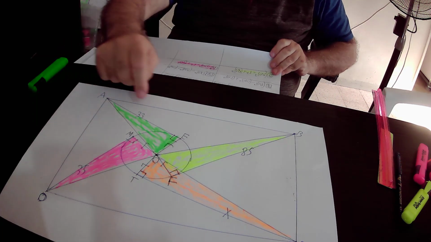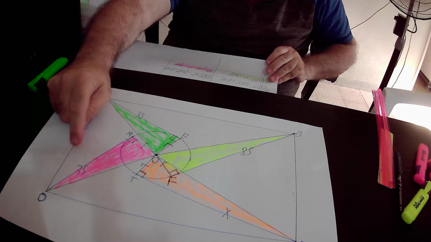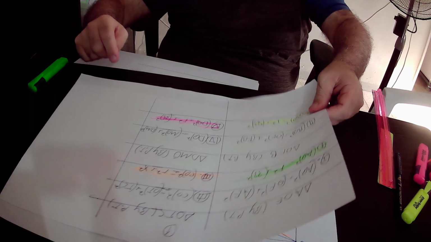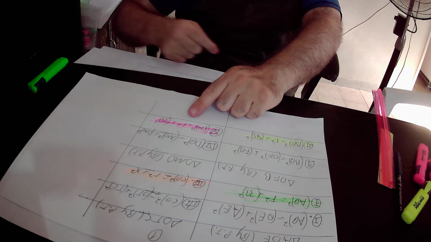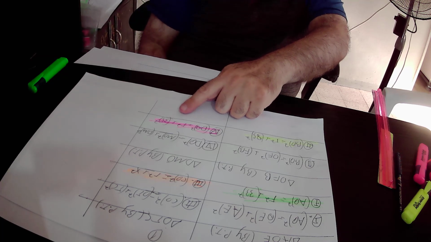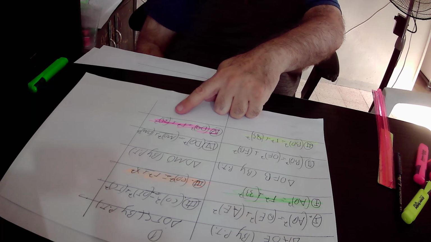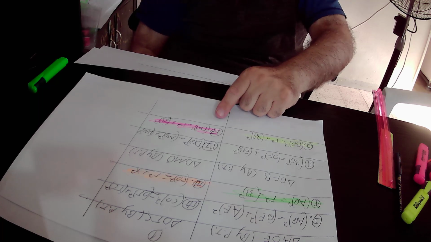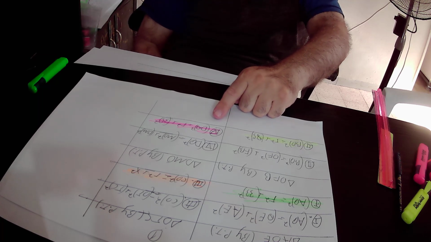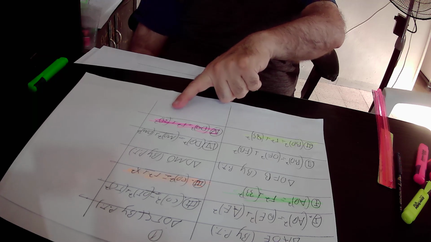MO equals R, MD equals 35. Therefore DO square equals MO square, which is R square, plus DM square, which is 35 square. So in conclusion, according to equation number 4, DO square equals R square plus 35 square.